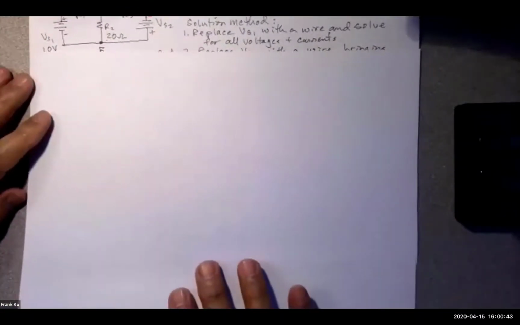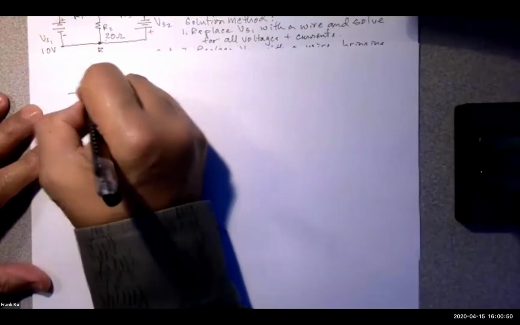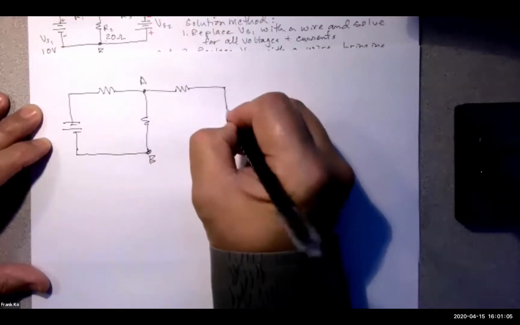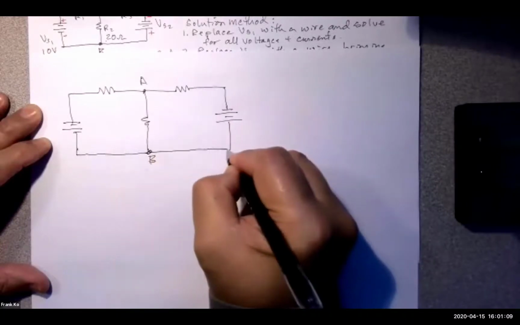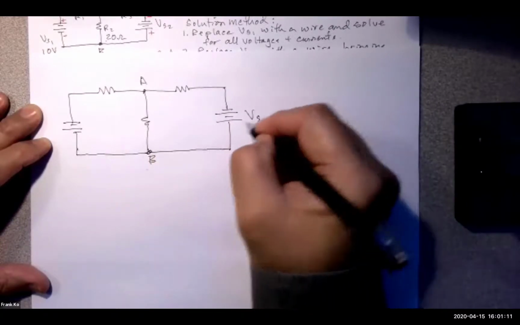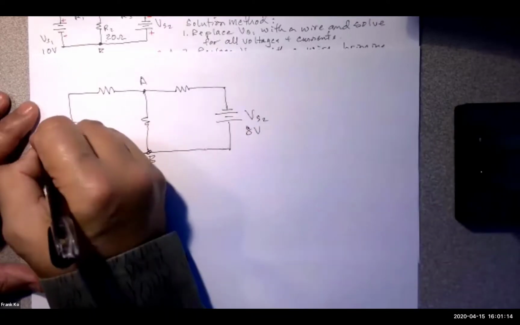So I'm going to do this with a new piece of paper. I'm going to do this a little larger. So here is A. And here is B. Okay, VS2 is 8 volts.